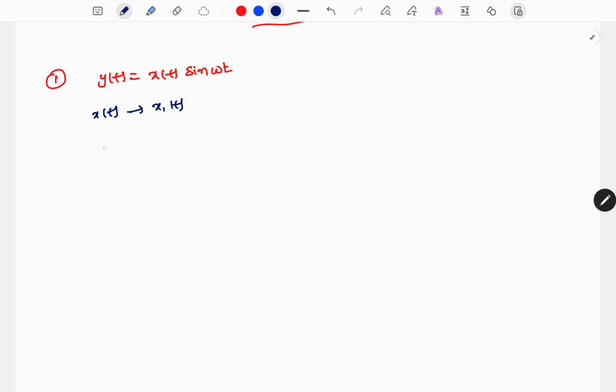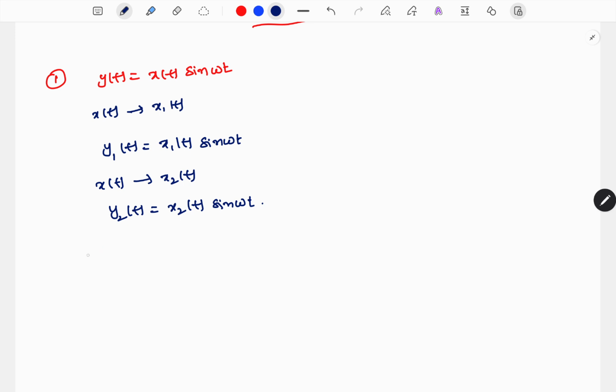Then y1 of t is equal to x1 of t into sin omega t. Then in place of x of t we give x2 of t. Then y2 of t is equal to x2 of t into sin omega t.